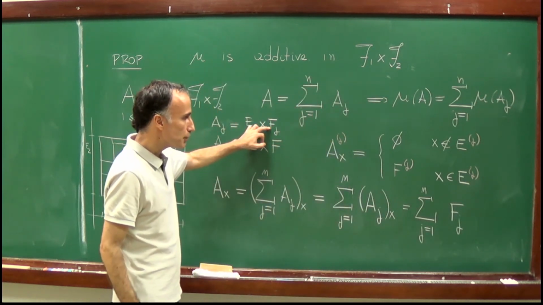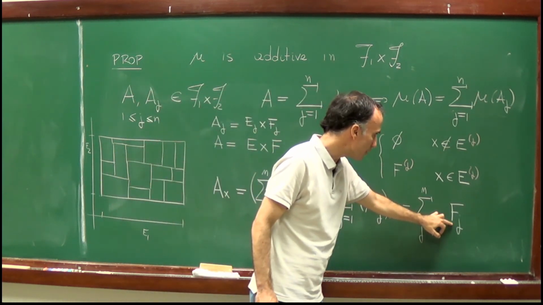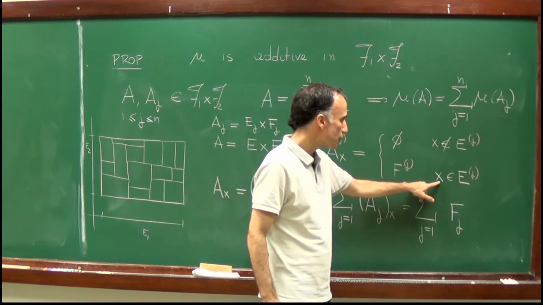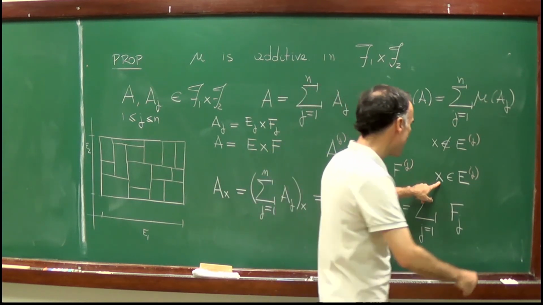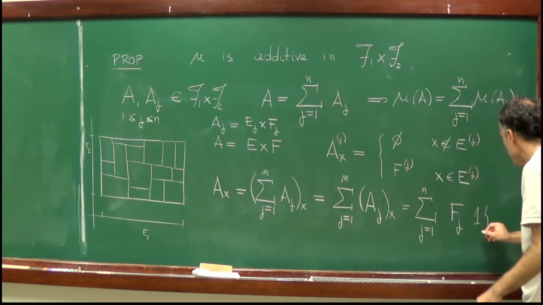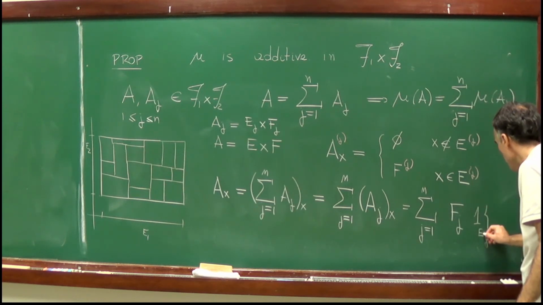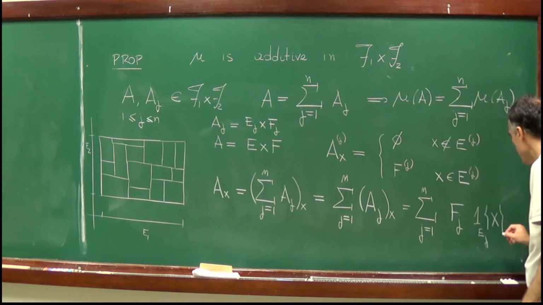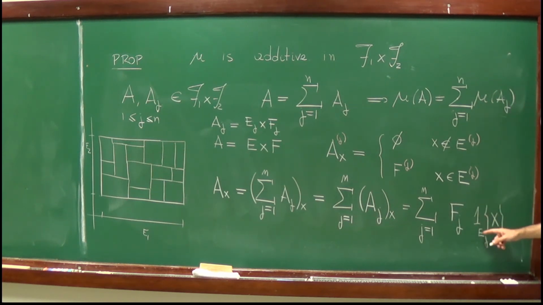These sets F_j, but which sets F_j? Well, all those for which x belongs to E_j. So I can represent that by taking the indicator of E_j and computing it at the point x. Remember, this is the indicator of the set E_j. It takes value 1 or 0: 1 if the point belongs to E_j, 0 if it doesn't.